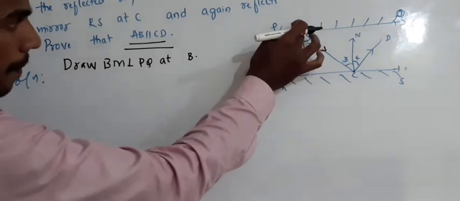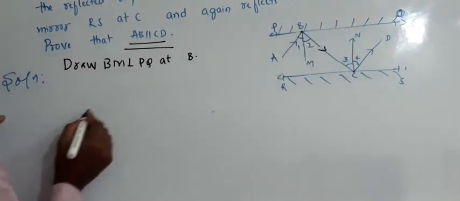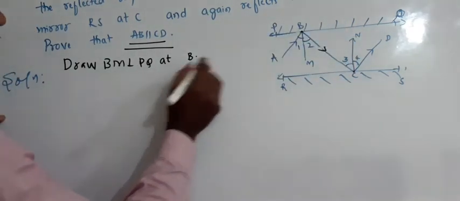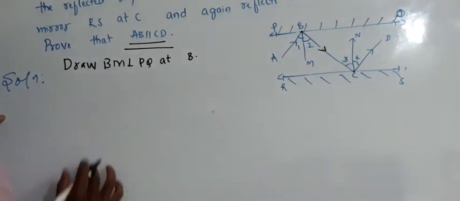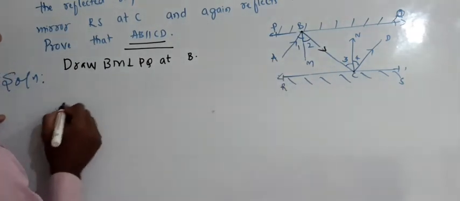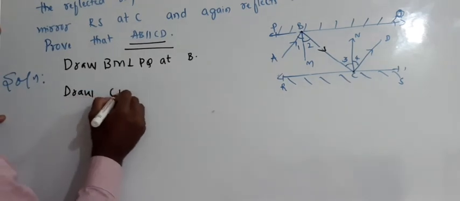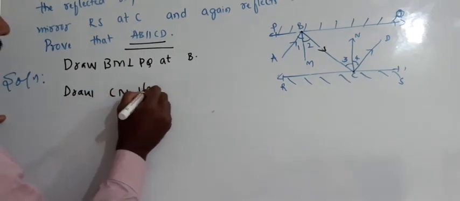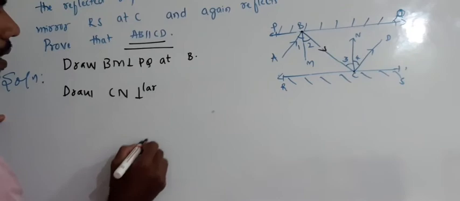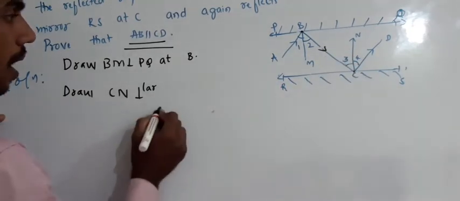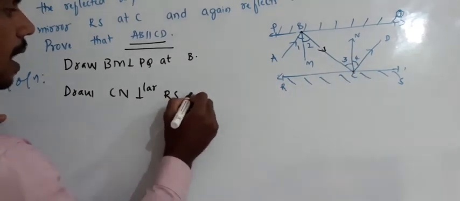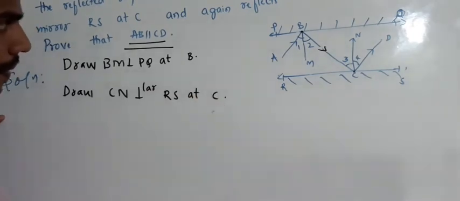So, draw BM perpendicular to PQ at point B. Now, draw CN perpendicular to RS at point C.